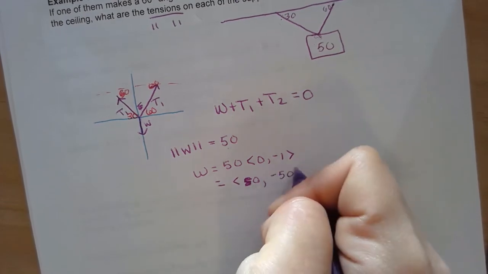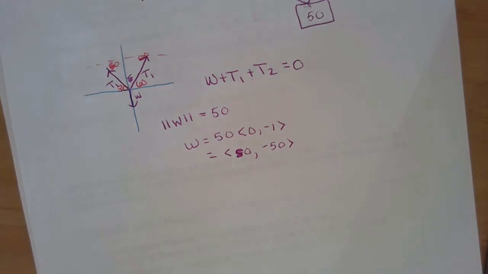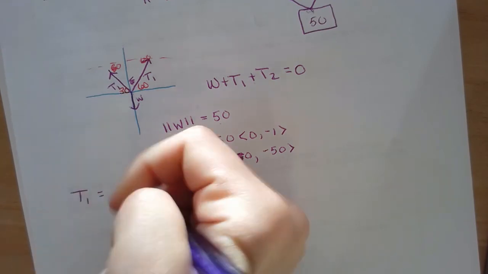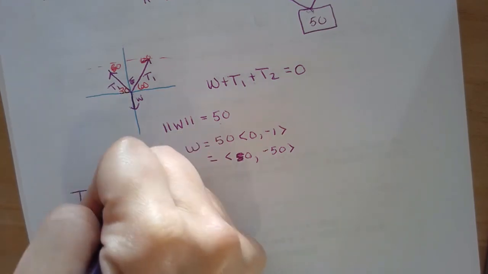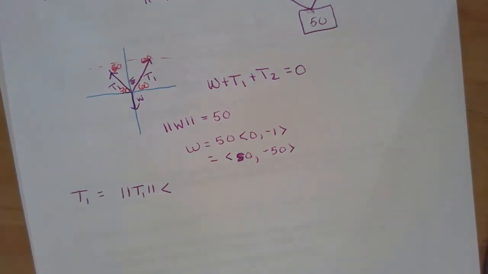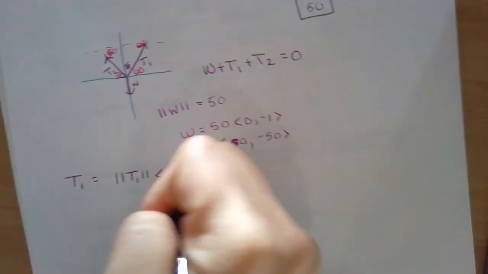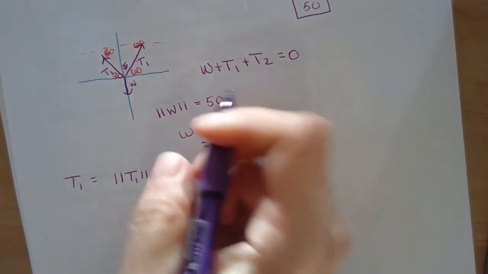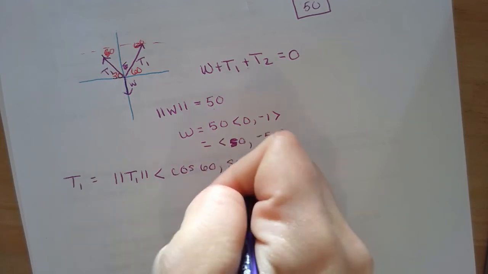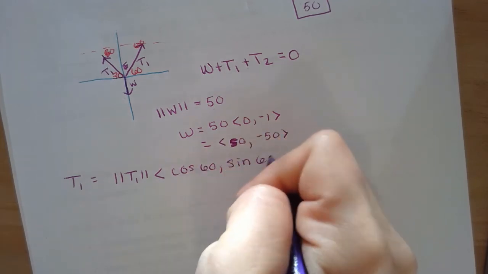There we go. Perfect. So we got W down. Now we need tension 1 and tension 2. Let's look at tension 1. We have the magnitude of tension 1 times the vector. In this case, we don't have our vector yet, but we do have a theta, which means we can go back to vectors in terms of theta. So that would be cosine 60, sine 60.